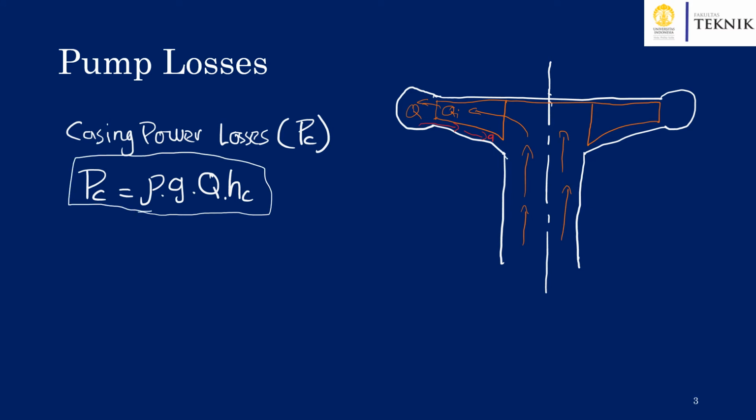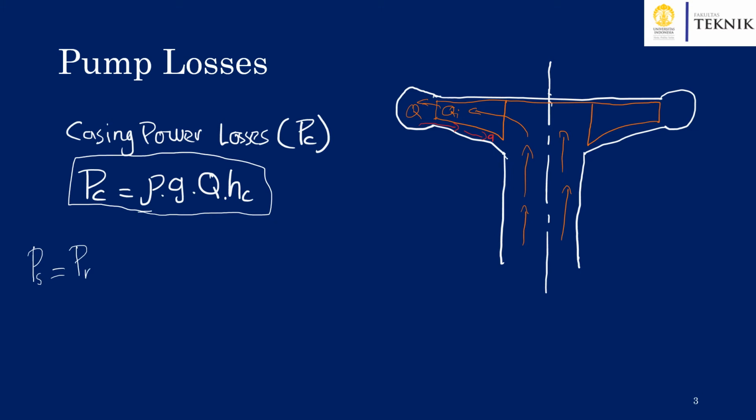To overcome all of these sources of losses, the shaft of the pump that delivers power to the impeller has to overcome the sum of these losses.